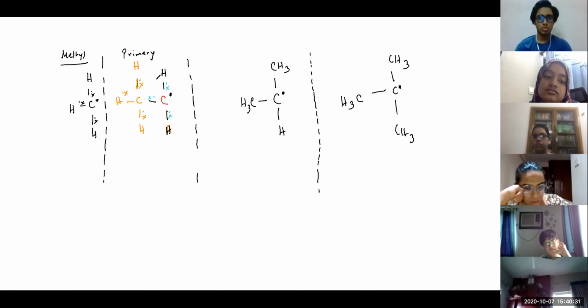So here 1, sorry, 2, 4, 6, 8. So this carbon already has what? Already has a full octet. Right or wrong? Right, sir. It already has a complete octet.